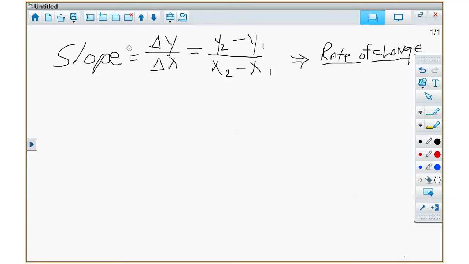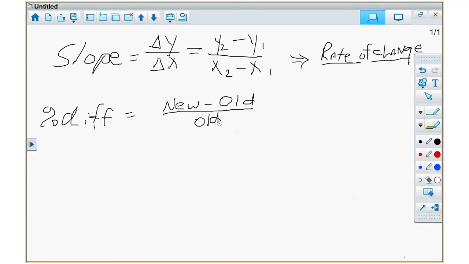I don't know why. Another one, and this is real basic, is percentage difference: new minus old over old. If you want to see if something is an increase or a decrease, you take the new measurement minus the old measurement, put it over the old, and multiply by 100.